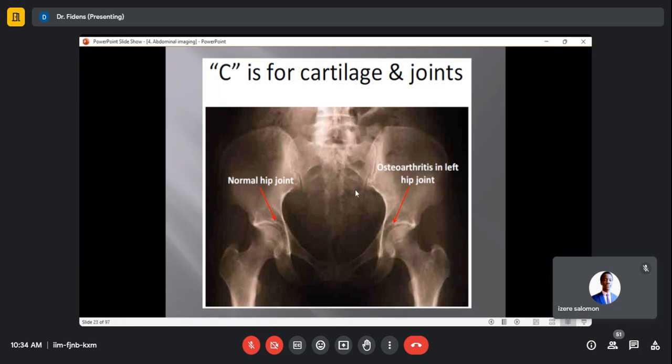It can be the joints in the spine between vertebral bodies, the joints we have in the abdominal X-ray, the sacroiliac joints. Check if they are normal. And even the hip joints and the pubic joint. Please check them if they are normal.